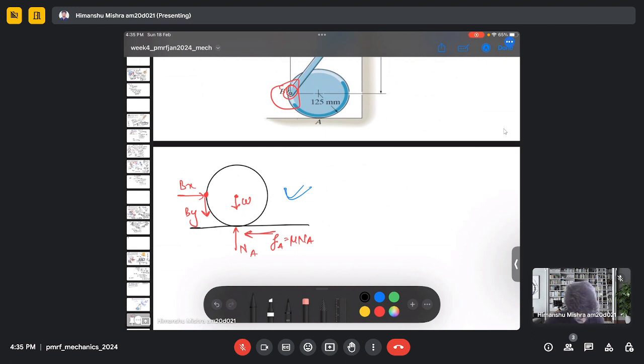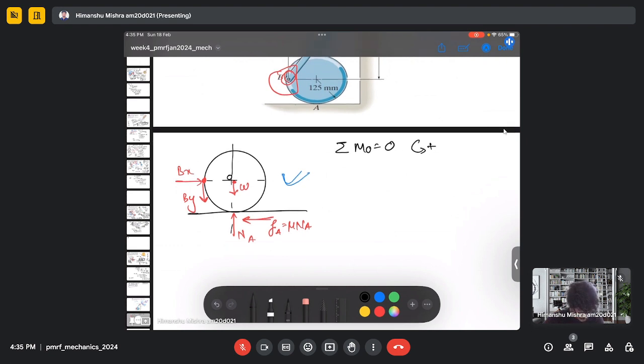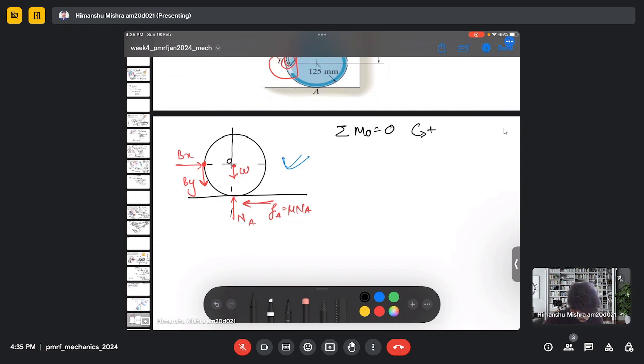So let's say this is my O. If I do the summation of moment at O, then the moment will be caused by this friction force Fa and this reaction force By, this one.